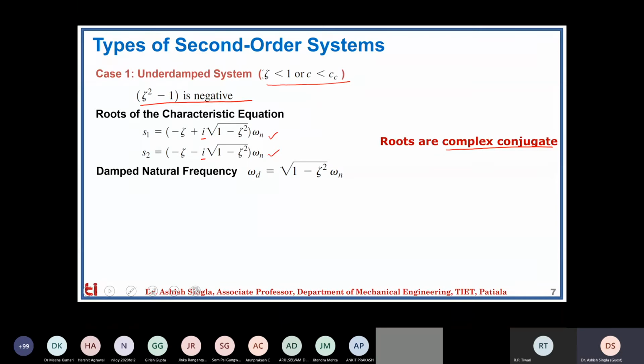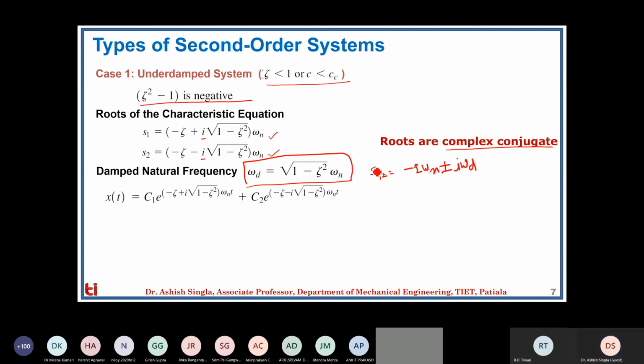So now we can write the damped natural frequency, omega d, equal to omega n into root of 1 minus zeta square. In terms of omega d, we can finally write the roots, S1,2, as minus zeta omega n plus minus iota omega d.